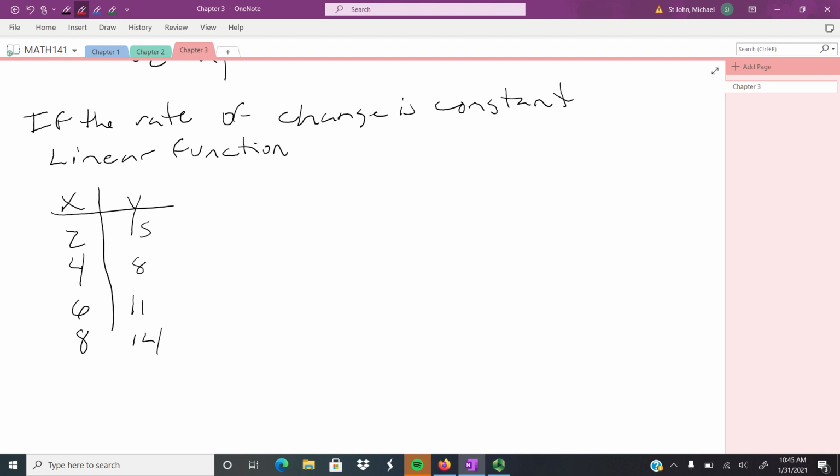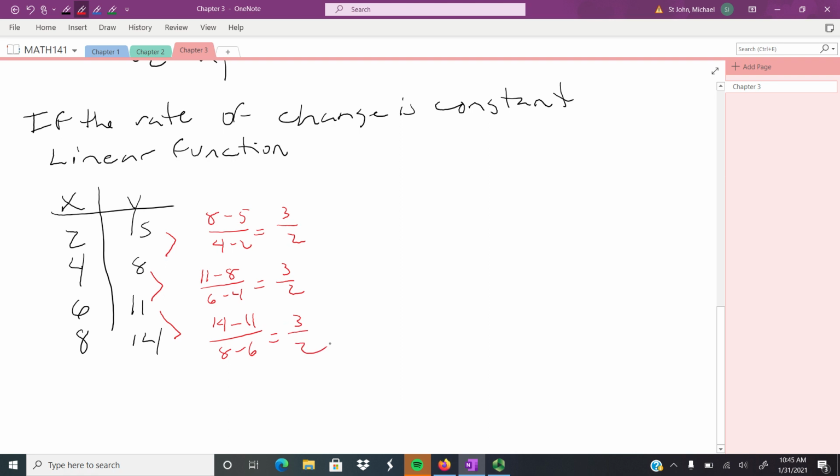If I look first at these 2 points, this is going to be 8 minus 5 over 4 minus 2, which is 3 halves. Then this is 11 minus 8 over 6 minus 4, which is also 3 halves. And lastly, 14 minus 11 over 8 minus 6, which is also 3 over 2. So we get a constant number here.